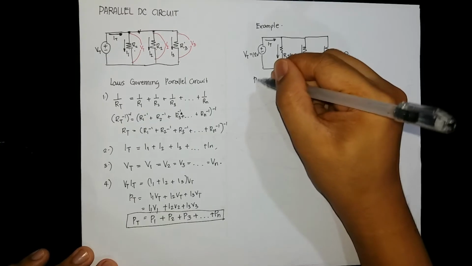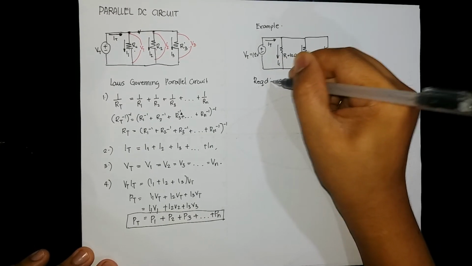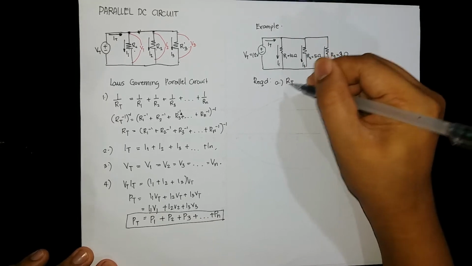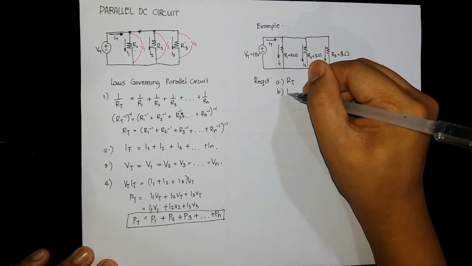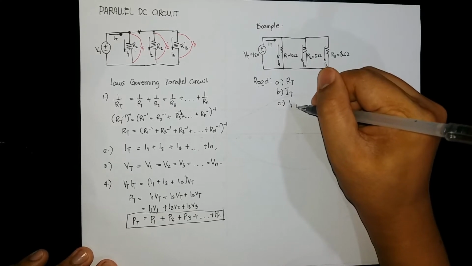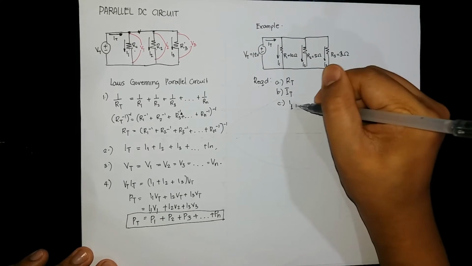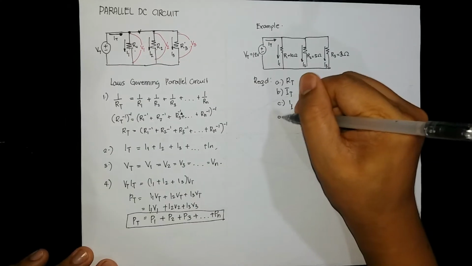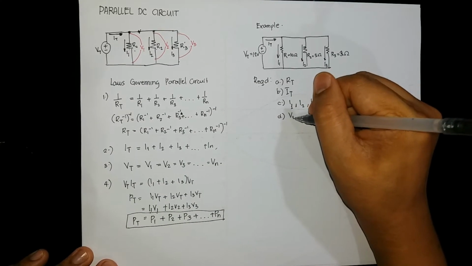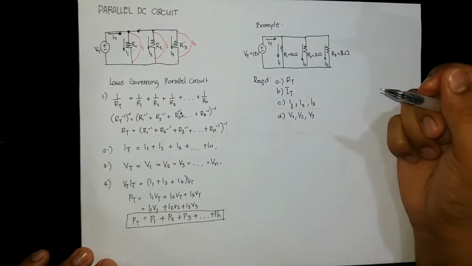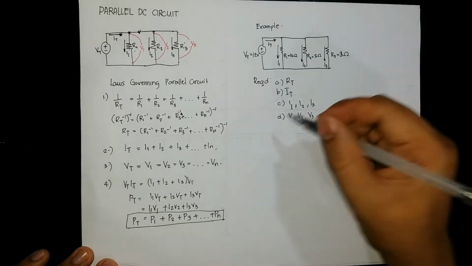So my requirement now is, same requirement, let us solve for A, the total resistance, B, total current, C, current I1, say the current at resistor 1, current at 2, and current at 3, D, I want you to solve for V1, V2, and V sub 3, the voltages across each resistor.